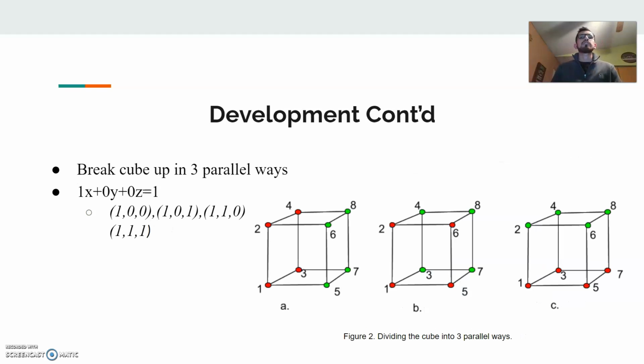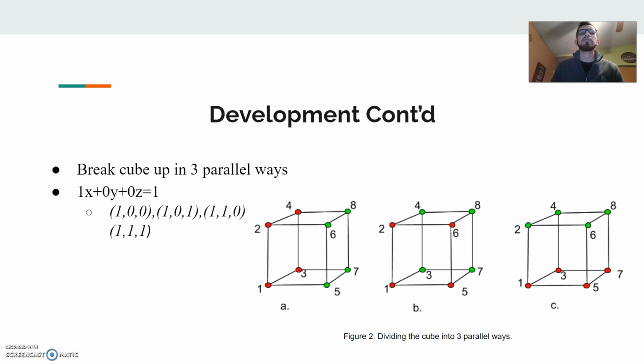Next, we need to break up the cube in 3 parallel ways, which gives us a vertical, horizontal, and one right down the middle, as we see in figures 2a, b, and c. Or we can also use the following equation, which is 1x plus 0y plus 0z equals 1, where the points 1,0,0, 1,0,1, 1,1,0, and 1,1,1 are the red points in figure 2a.